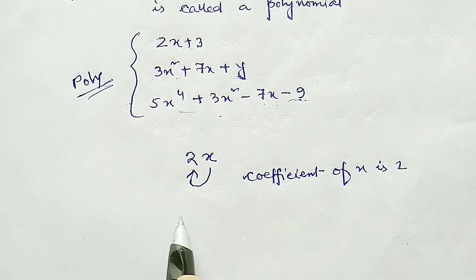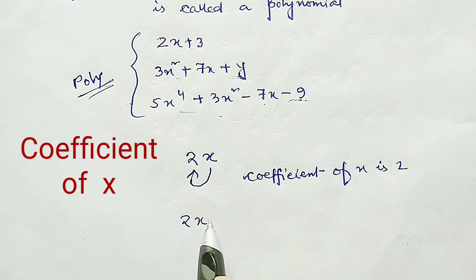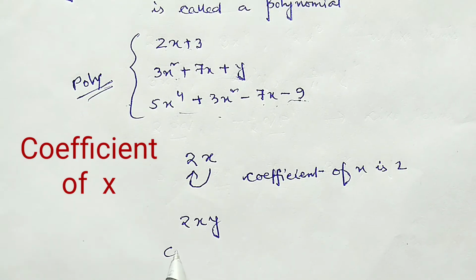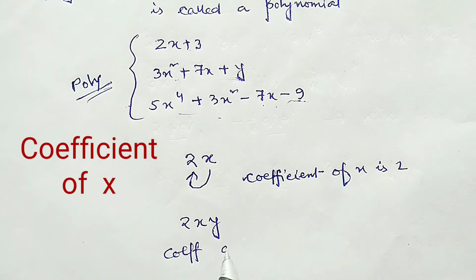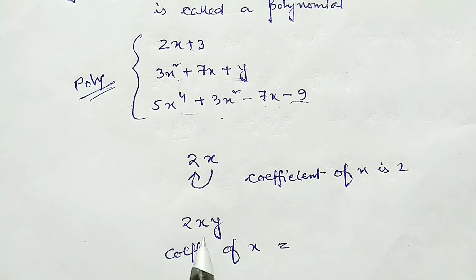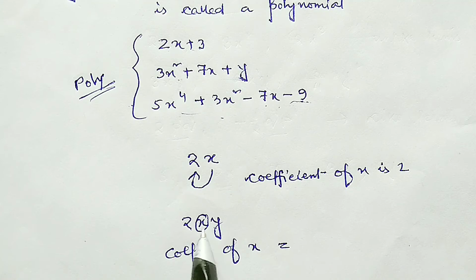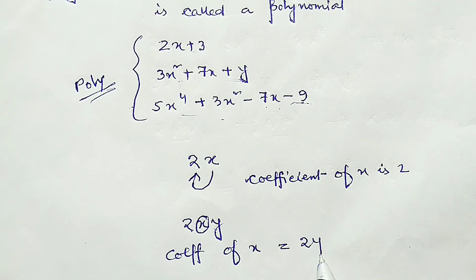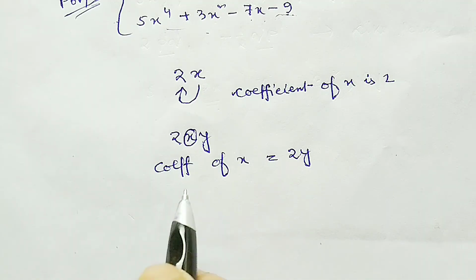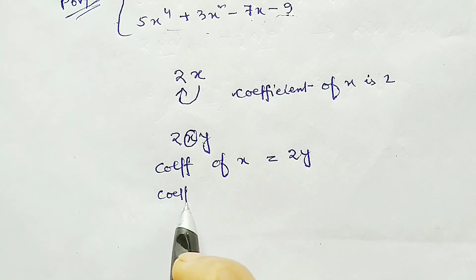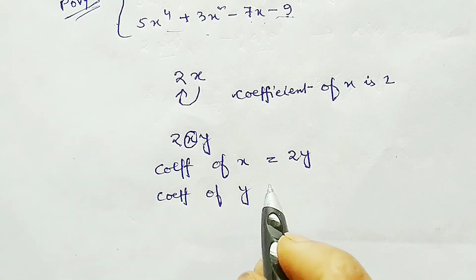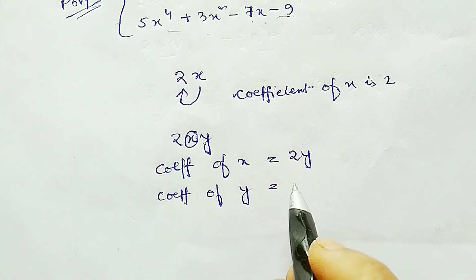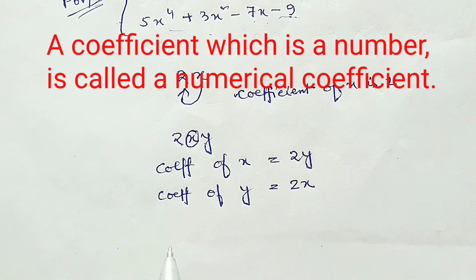If I write 2xy, then the coefficient of x: other than x, whatever is there, you forget x, what is left? 2y. So 2y is the coefficient. Now what is the coefficient of y? The coefficient of y equals 2x. A coefficient which is a number is called a numerical coefficient.